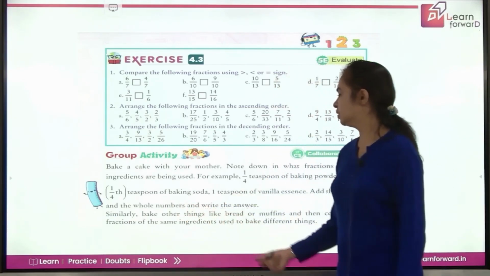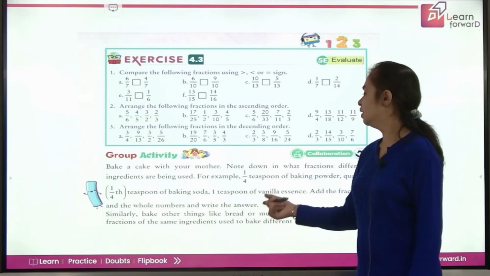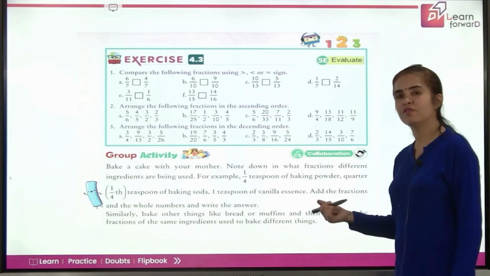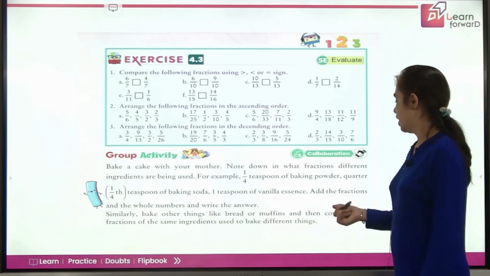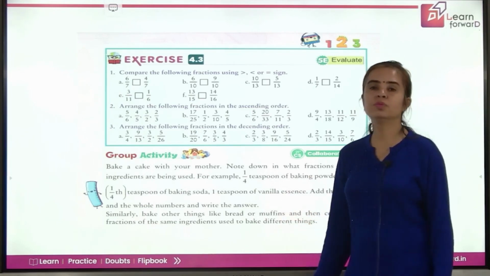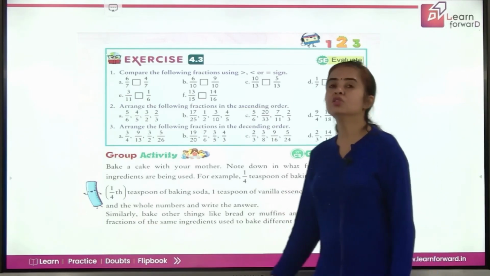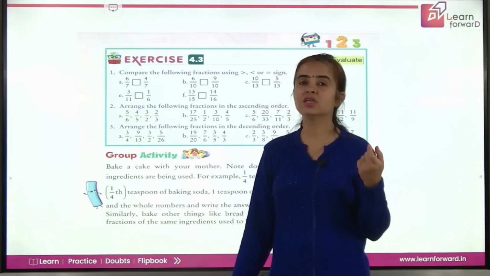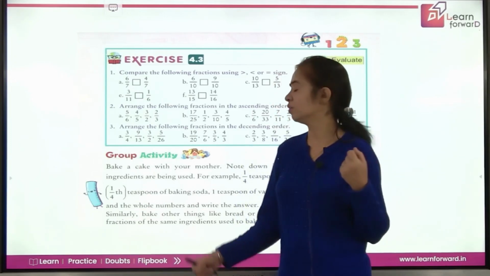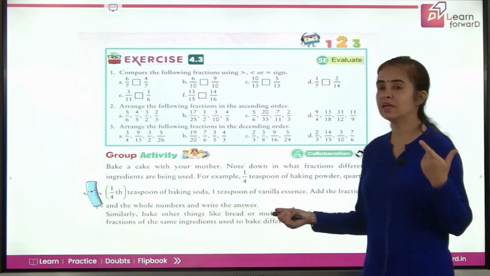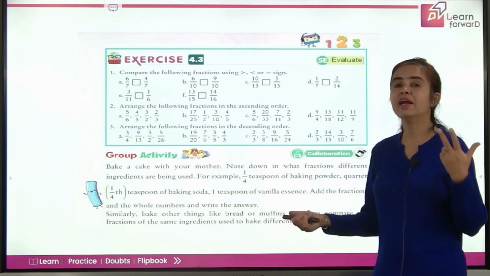Similarly, bake other things like bread or muffins. You can take the recipes from your mother or from YouTube also, and then compare the fractions of same ingredients used to bake different things. So you'll just be considering what fraction of baking soda you are using for making muffins, for making the cake, or for making the bread, and you'll be comparing.